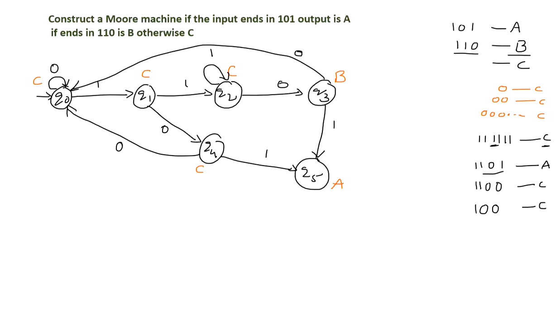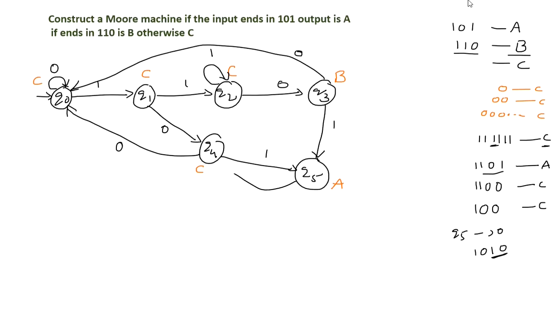Now we will design Q5 on 0. Q5 means 101 is already seen, and on that if 0 is seen, that means it is ending with 10. If it is ending with 10, it has to reach the state Q4.